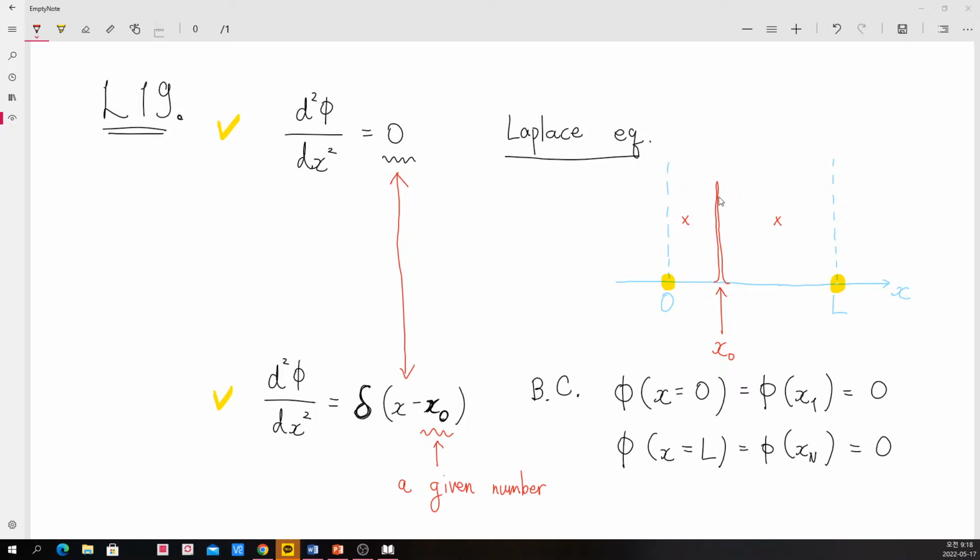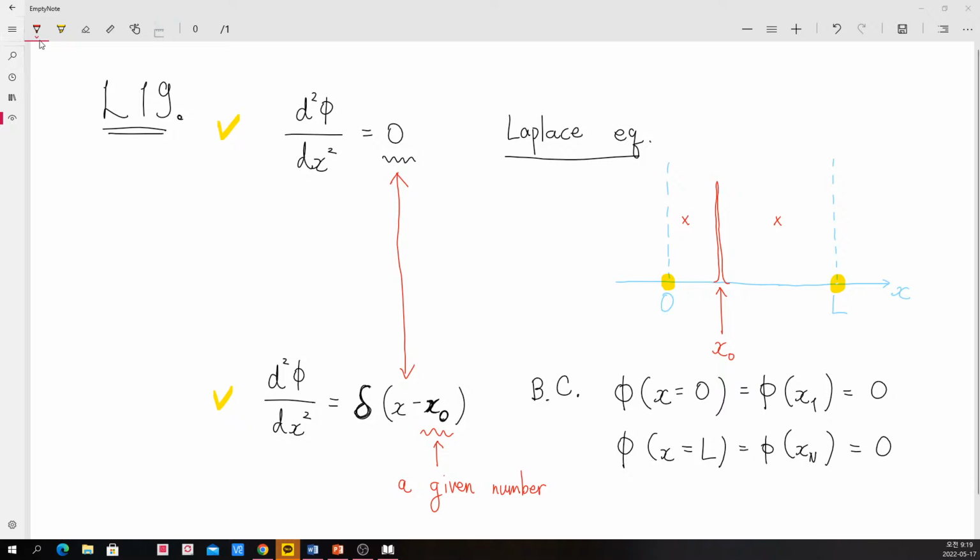That is the simple difference between the Laplace equation and the Poisson equation, and you can easily understand they should be quite different. Okay, so in this simple introduction to the Green function, let's first try to solve this system quite similarly to the Laplace equation.